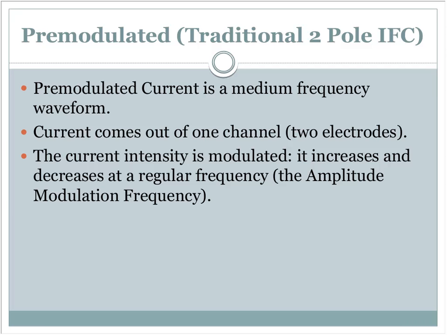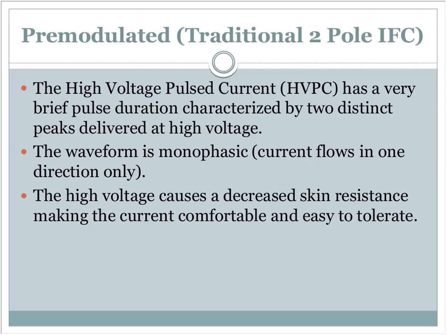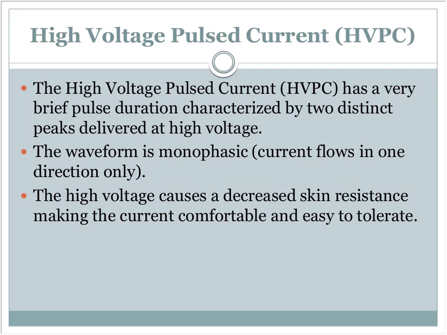If you add up the amount of current delivered in those two different things, it comes out to be about the same. But by modulating it, the body can adapt to it. And so you can deliver the treatment and intention more consistently without having to go over and fiddle with the machine. Okay.